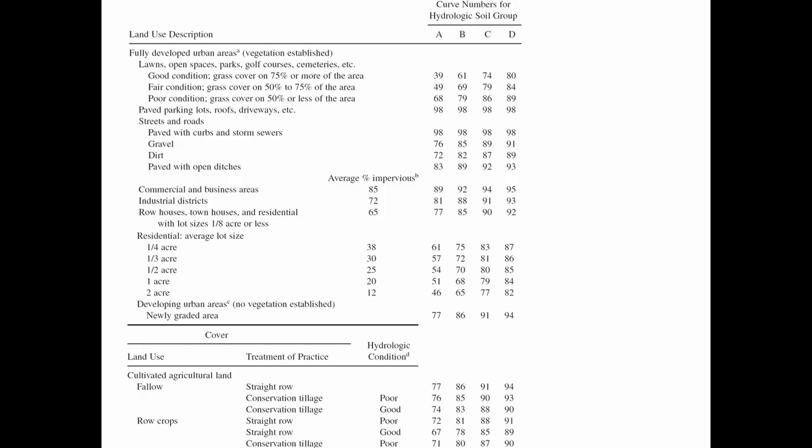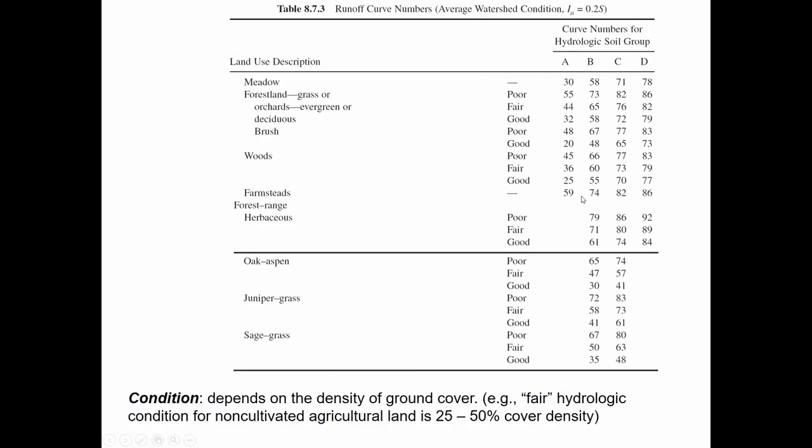Or if we go down here to the croplands, something in the 50s. All right, forest. So a type B soil for forest land in good condition, meaning the density of the vegetation.